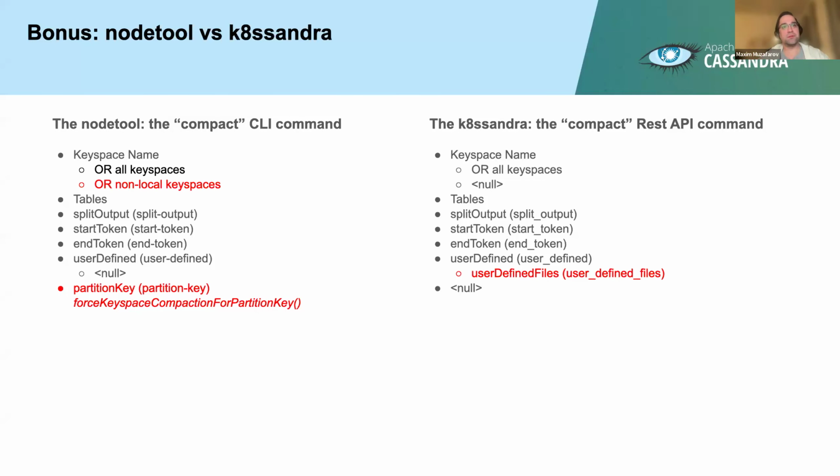Yeah, so this is the bonus slide that I prepared for discussion. There is a Cassandra management API project called K8ssandra. It exposes all the commands through the REST API. I've compared, for example, the compact command between nodetool and the Cassandra project, and right now it has some differences.